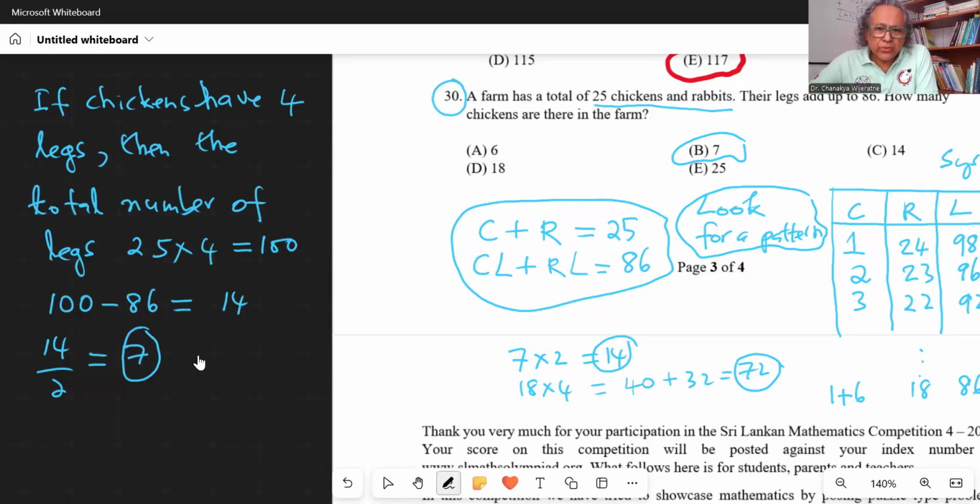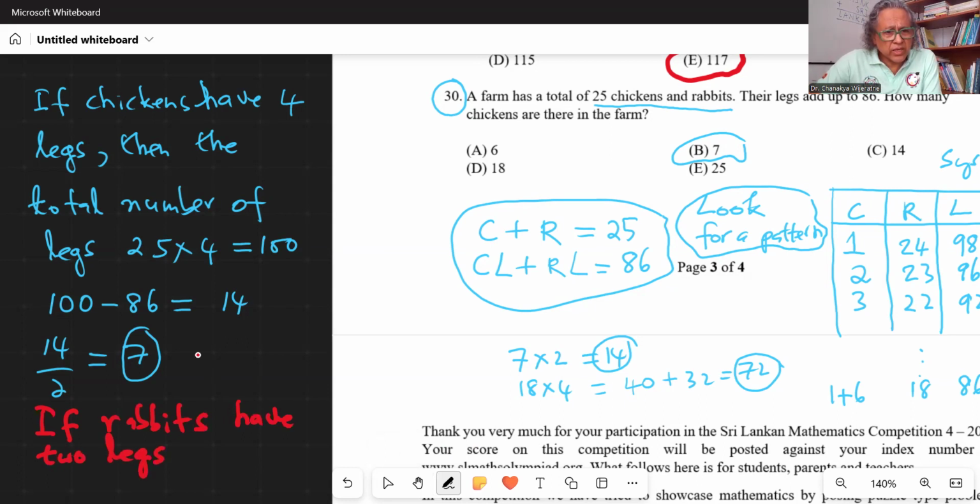Okay, now this is what I want you to do, a variation of this. Can you solve the problem by thinking that rabbits have 2 legs instead of 4? I put 2 dots here.